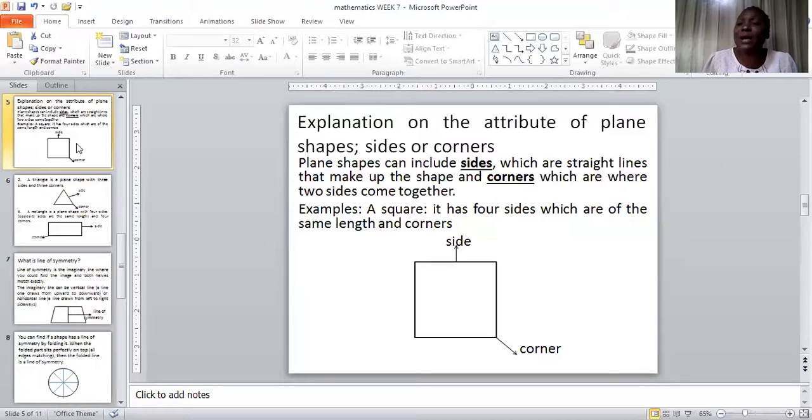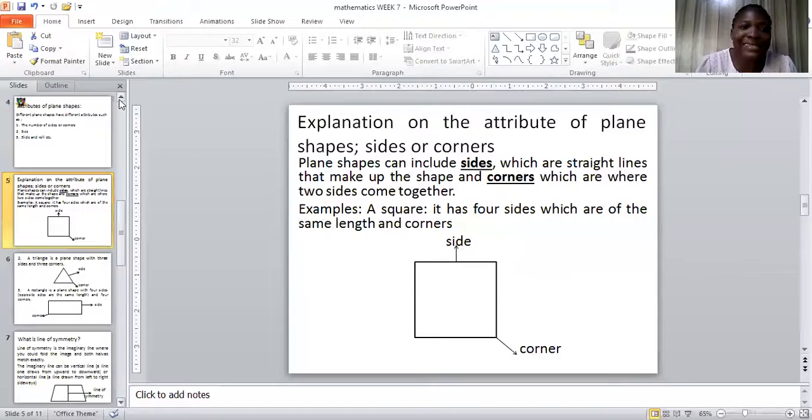Another shape that is a plane shape is a circle. A circle is a plane shape because it can roll. Remember we said another attribute is that it can roll and slide.